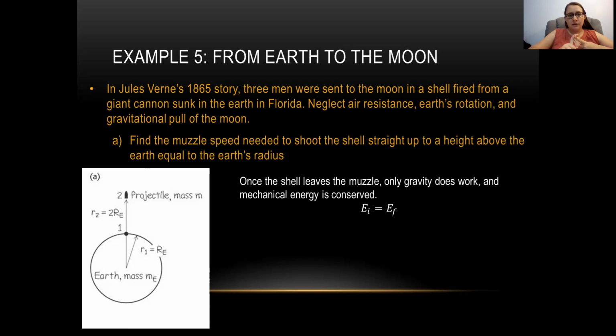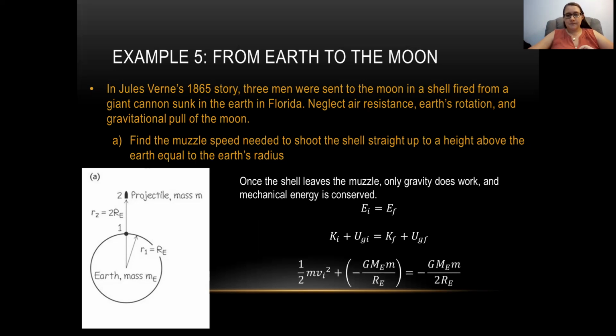We're ignoring air resistance, which means we're ignoring friction, and we're ignoring the Earth's rotation and the gravitational pull of the moon. So only gravity from the Earth is doing any work here, and energy is conserved. So our initial energy equals our final energy. So kinetic plus potential initially equals kinetic plus potential at the end.